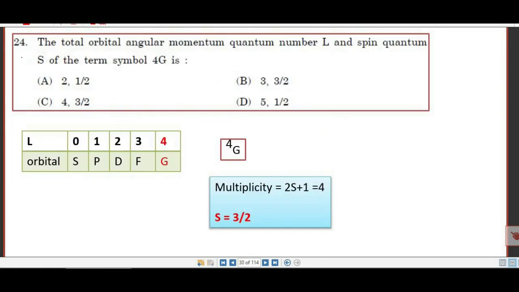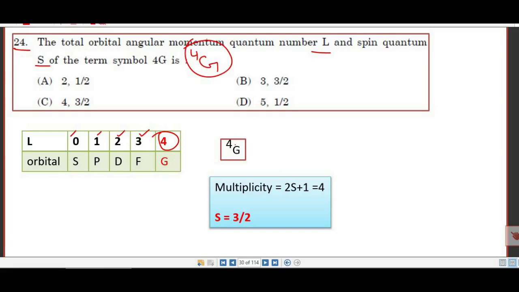Question number 24. The total orbital angular momentum L and the spin quantum number S of a term symbol 4G. How to calculate? For the L value of different orbitals: for S orbital it is 0, for P orbital it is 1, D orbital it is 2, F orbital it is 3 and for G it is 4.